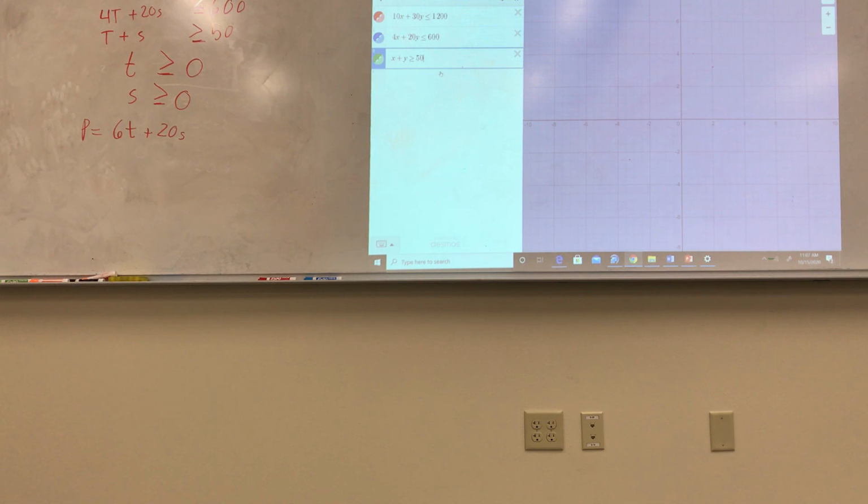Alright. So, I've typed in my top 3 constraints. I gotta keep going. That's going to be my x. My y is going to be... okay. We need to zoom out and probably move.